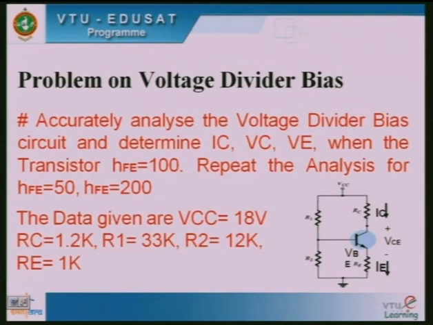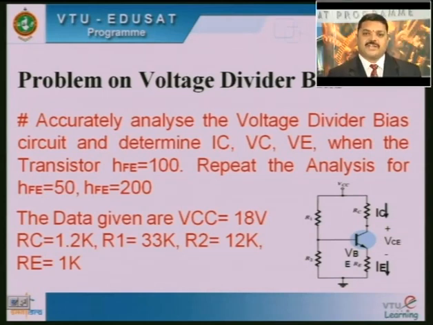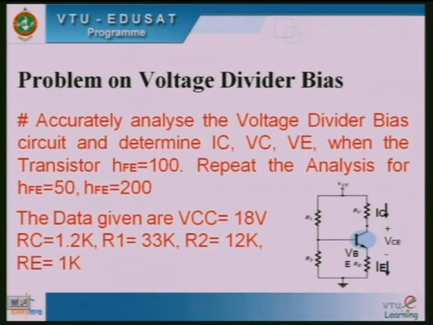Suppose in the problem, if beta is given, then we can go for the accurate or precise analysis of the voltage divider bias technique, which we also studied. By applying Thevenin's theorem, we reduce the voltage divider network into its equivalent circuit, and we find Thevenin's equivalent voltage VTH, which is given by VCC R2 by R1 plus R2.